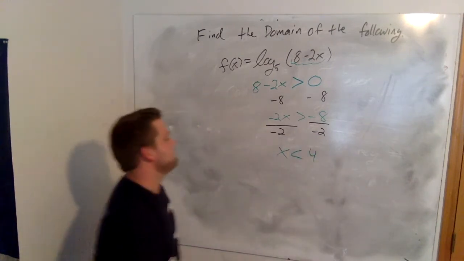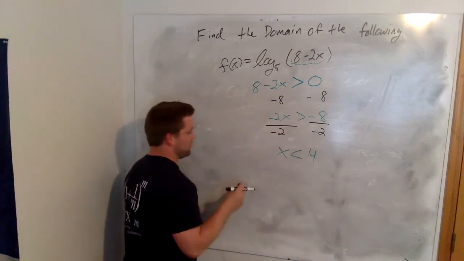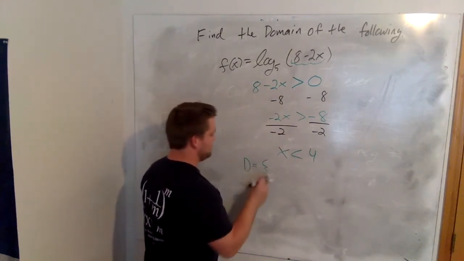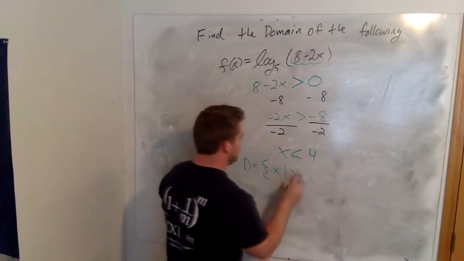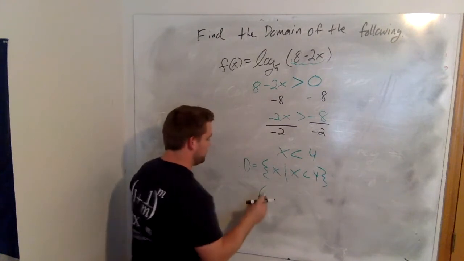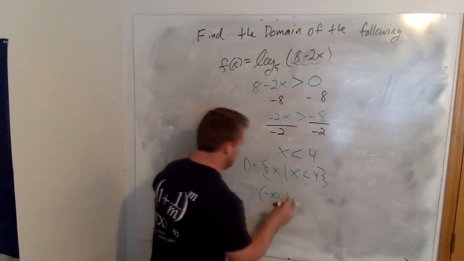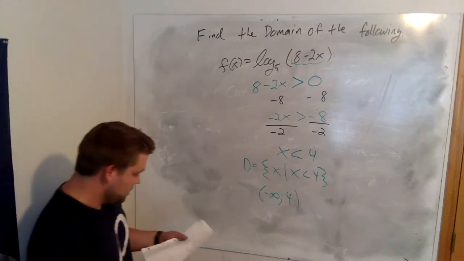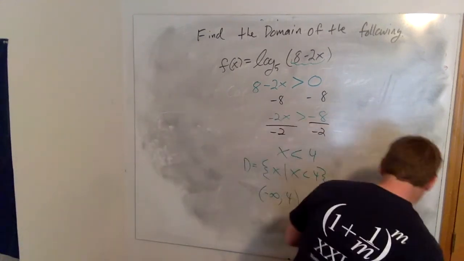That is the domain. We'll write it in a couple of different ways. The domain of this function is all x such that x is less than 4, or in interval notation, we can plug in numbers from negative infinity to 4. So here's the domain. Let's do another example.